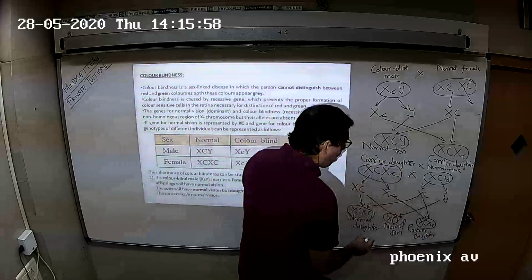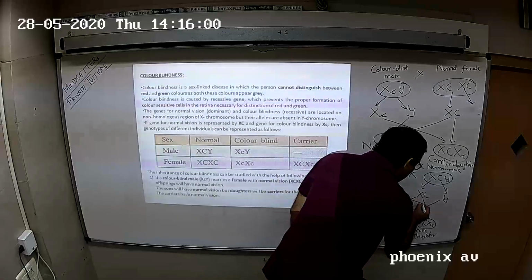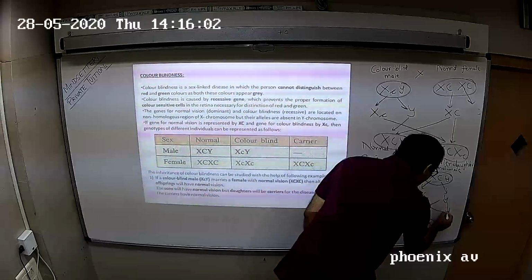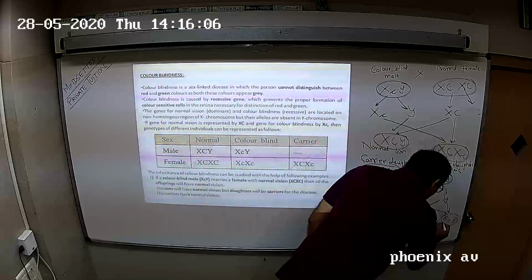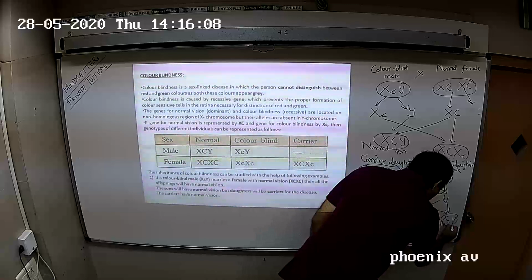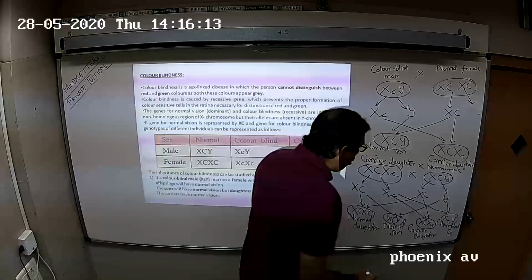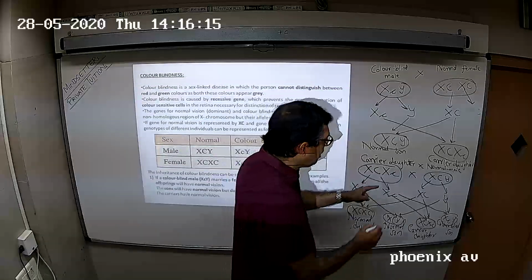And most importantly, X small c Y will form a colorblind son. So, what has carrier daughter done?